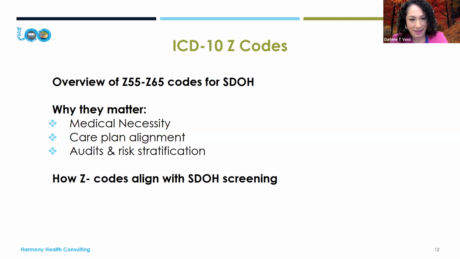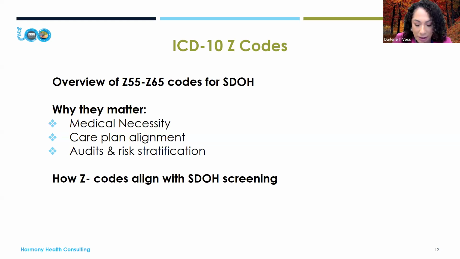All right. So we all know these Z codes, I'm sure. But these Z codes are essential to the link to address the health and the outcomes, right? And they are required for ECM to demonstrate medical necessity, risk level, and the justification for case management involvement.